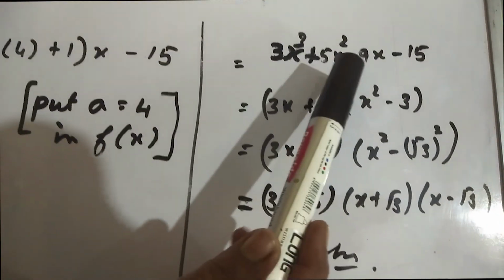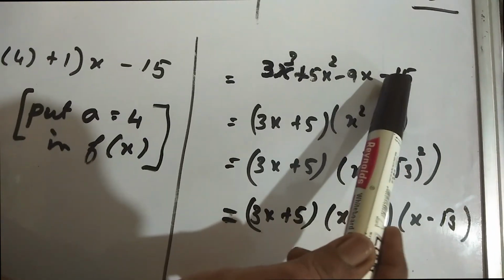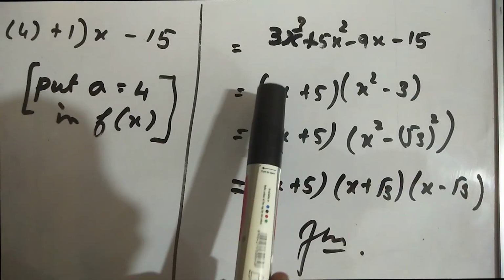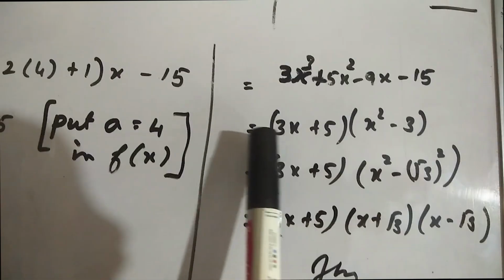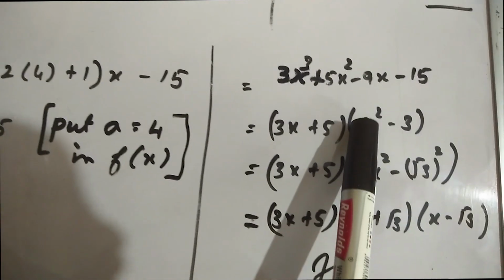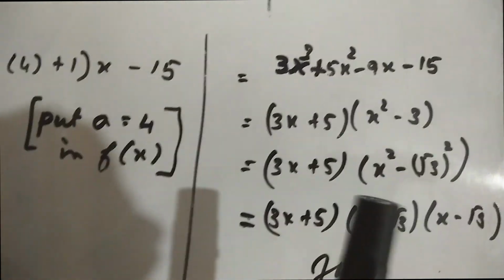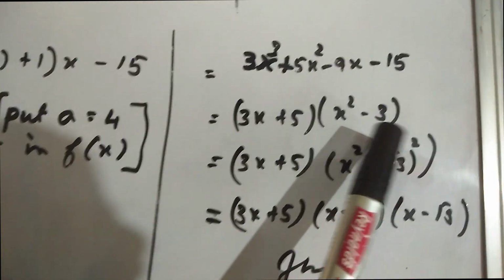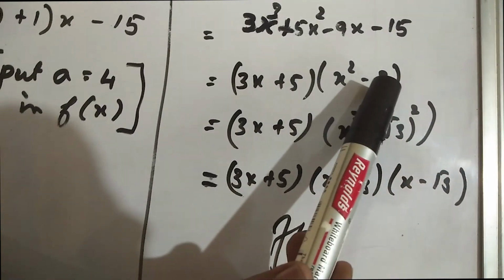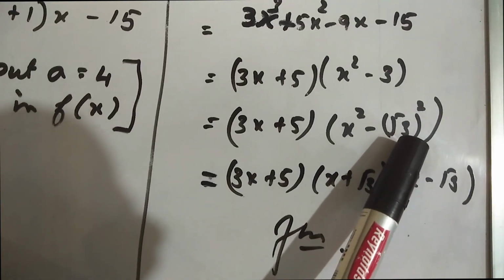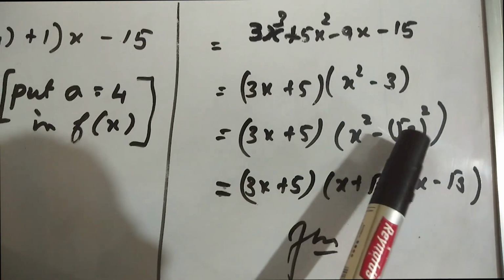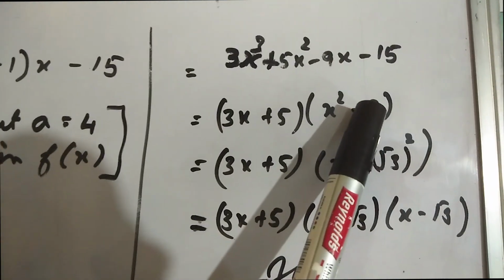Then 3x cube plus 5x squared minus 9x minus 15, we can write as divisor into quotient: 3x plus 5 into x squared minus 3. And this is in the form of a squared minus b squared. So 3 we can write as under root 3 whole square, since under root 3 whole square is equal to 3.